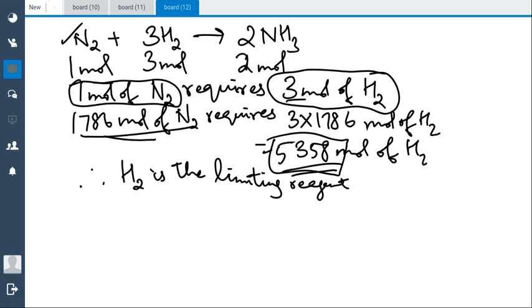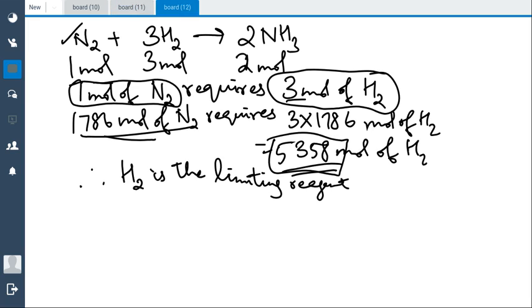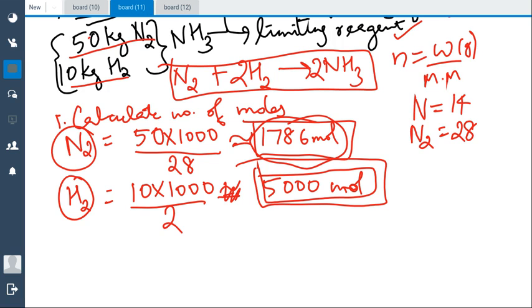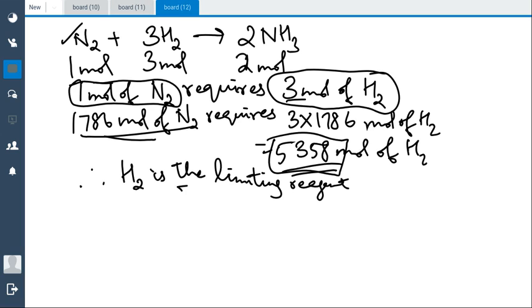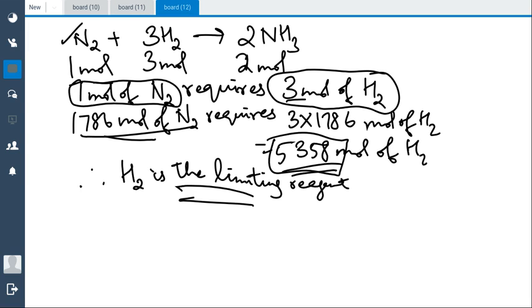Understood? I'll tell you once more. We have 1,786 moles of nitrogen. For that, we require 5,358 moles of hydrogen. But we have only 5,000. So the one which limits the reaction is the limiting reagent. So we got one part of the question: determine the limiting reagent.